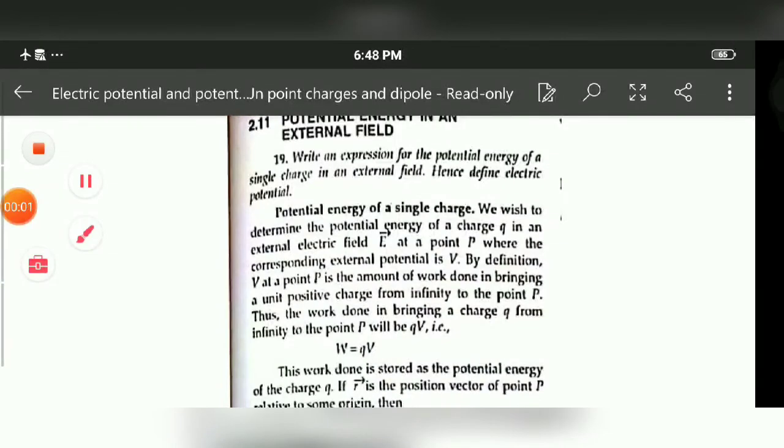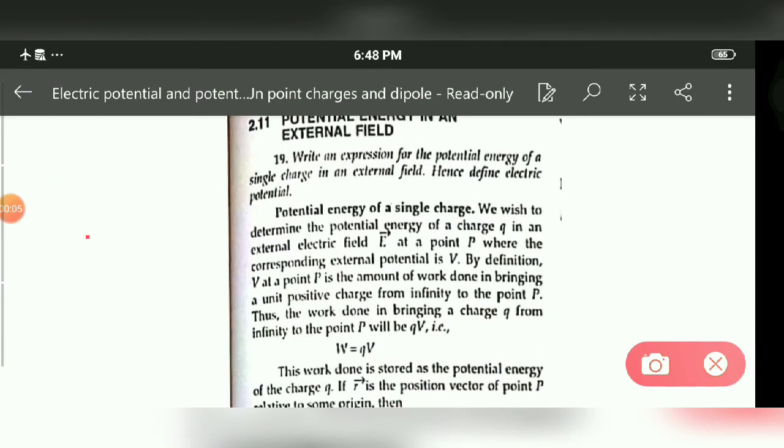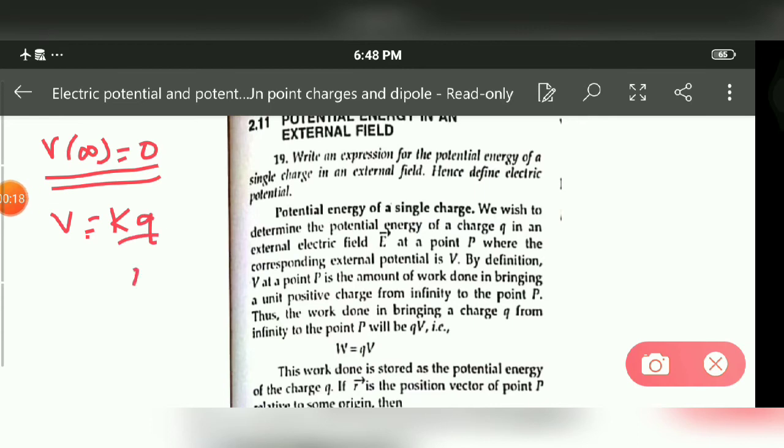The point that I want to discuss here is that V at infinity is equal to 0, which we discussed earlier in PDF 1 of part 1. How is it 0? As we know, due to a point charge, V is equal to K times Q by R. V at infinity means R is infinity over here.